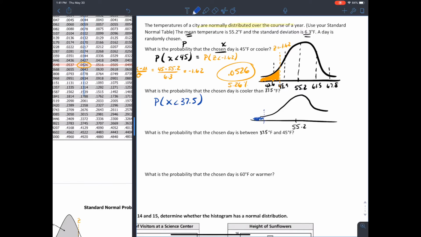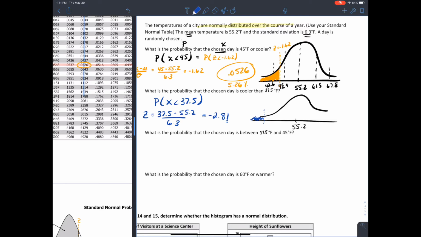The area behind it is pretty small, but it doesn't necessarily fall on a perfect standard deviation, so let's convert that to z. We take our x value, subtract the average, and divide by the standard deviation. When we do that on our calculator, we get a z-score of negative 2.81. And again, I'm rounding to that decimal.